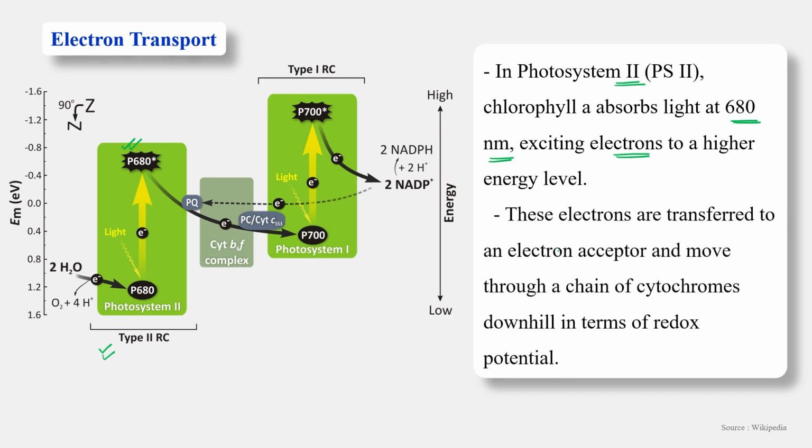These electrons then transfer to the electron acceptor, which is plastoquinone, followed by cytochrome b and cytochrome c. So these electrons are transferred to an electron acceptor and move through a chain of cytochromes, as you can see over here.